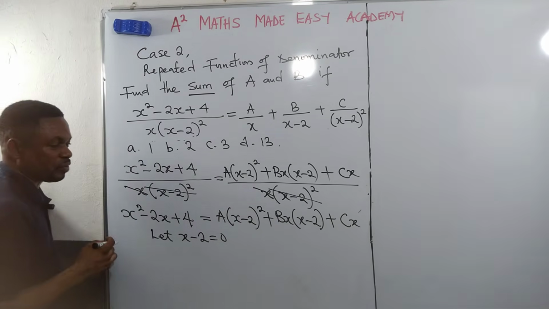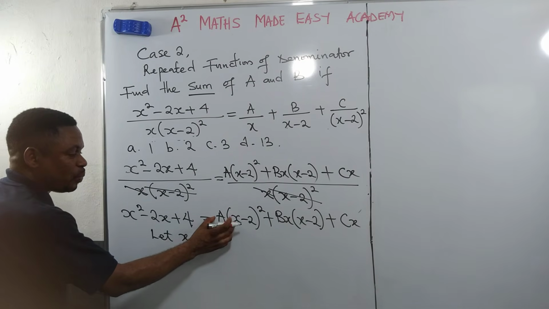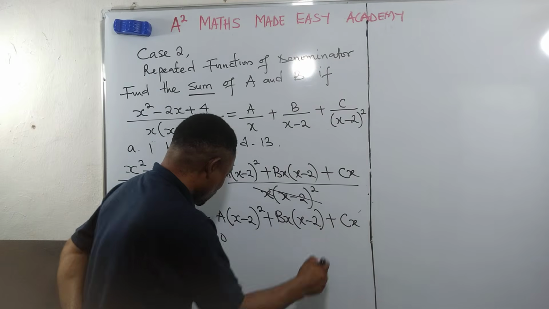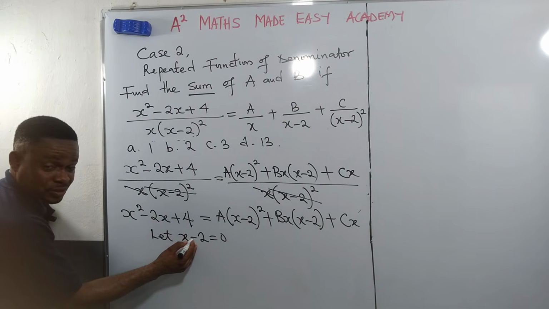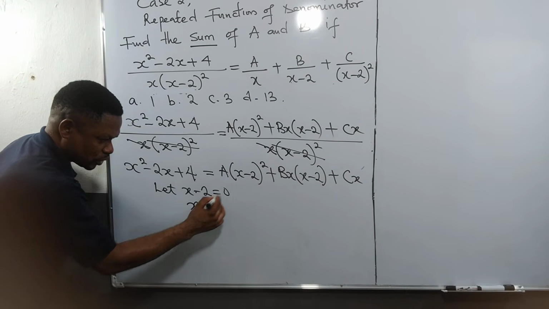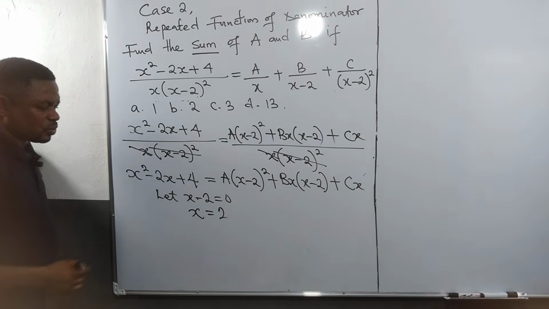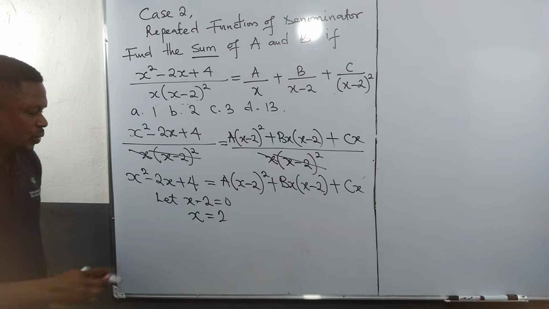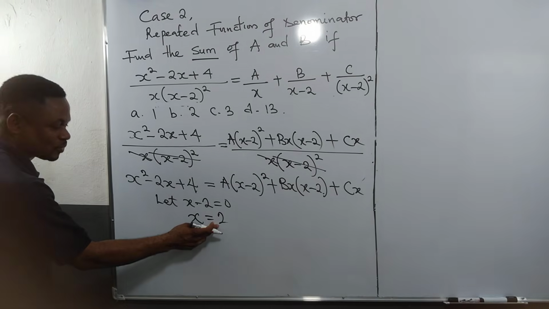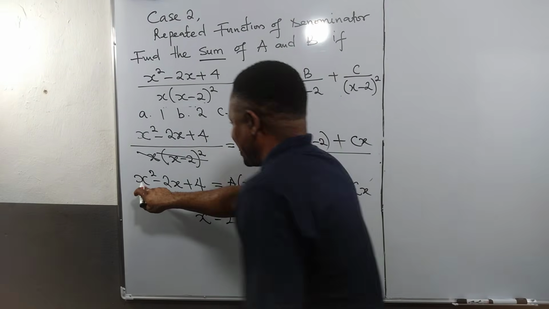I want to get the value of x here so that I can eliminate both A and B in order to get C. Watch this now. I will make x the subject of the formula. Then minus 2 to the right becomes 2. So the value of x is 2. What do we do? Anywhere we come across x here, remove the x and put in 2. Let's go. This is x, right?